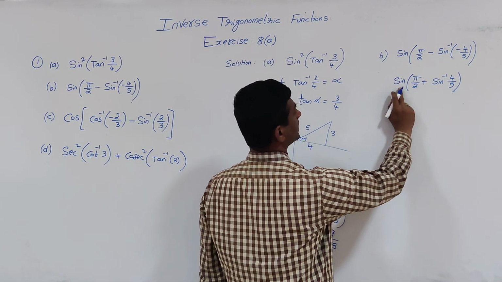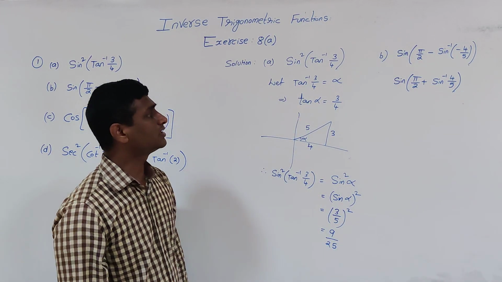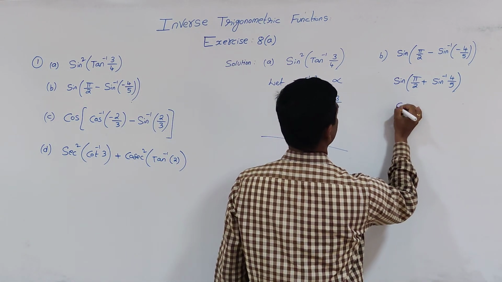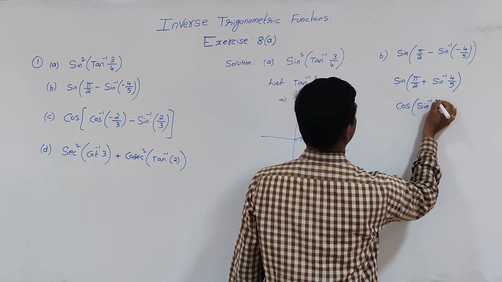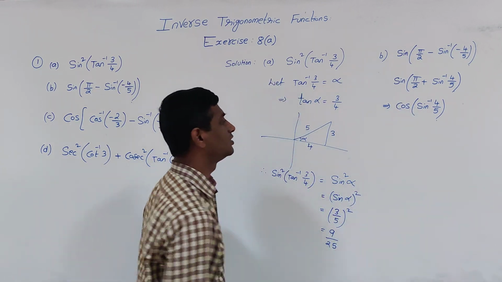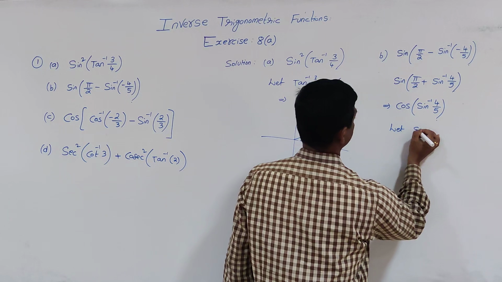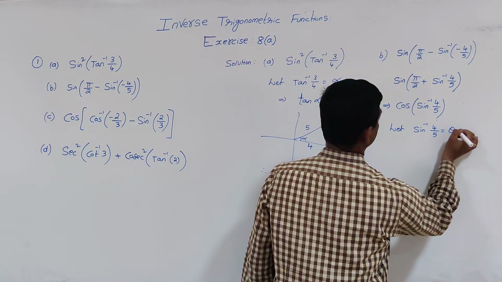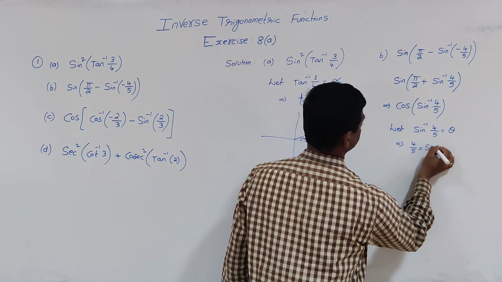Now it looks like sine of 90 plus theta, 90 plus alpha or anything. Sine of 90 plus theta is cos alpha. So cos of alpha, that is, sine inverse of 4 by 5. Now we have to find the value of this. So let sine inverse of 4 by 5 be theta, then 4 by 5 becomes sine theta.